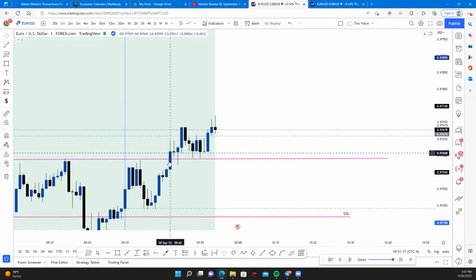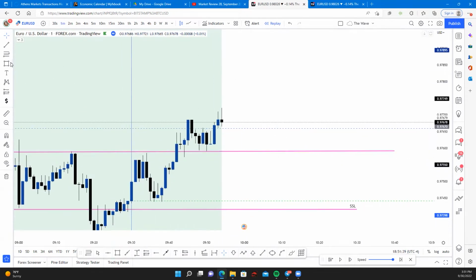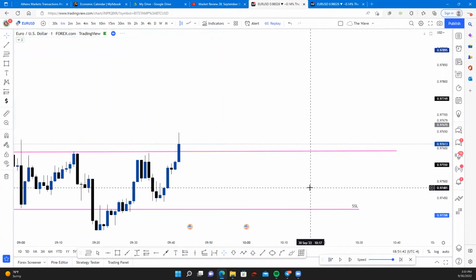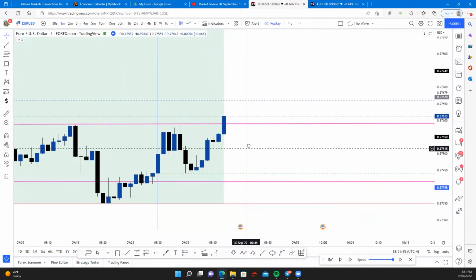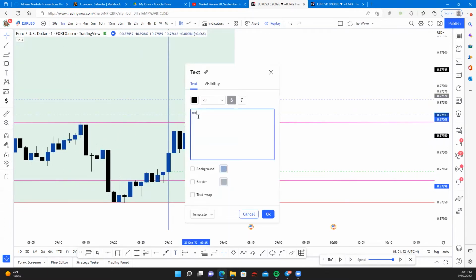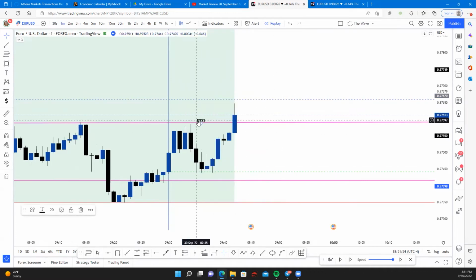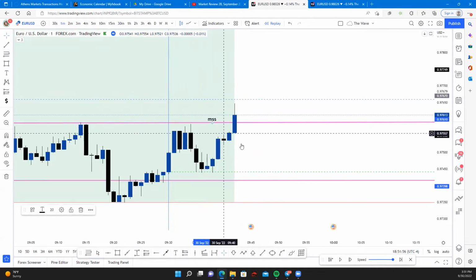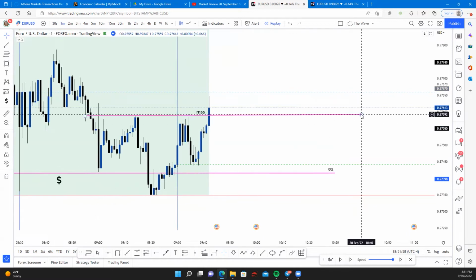So you see here, this was broken here. Let me show you guys. So here's our minor structure break, this line here.